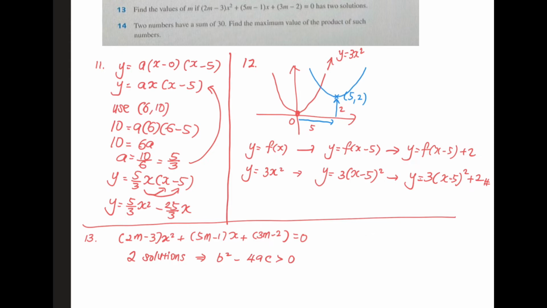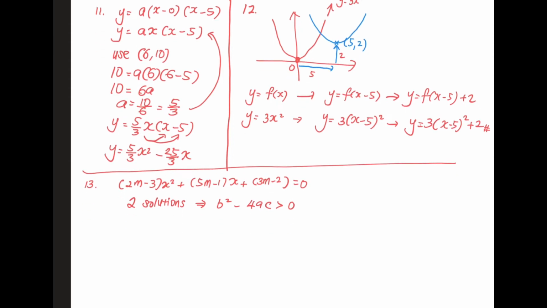More than 0. Okay, so this is a formula actually. Let's do a quick revision on all these formulas. If you have b squared minus 4ac more than 0, that is 2 solutions. If you have b squared minus 4ac equal to 0, that is 2 equal solutions.